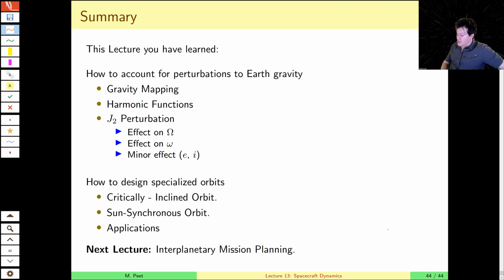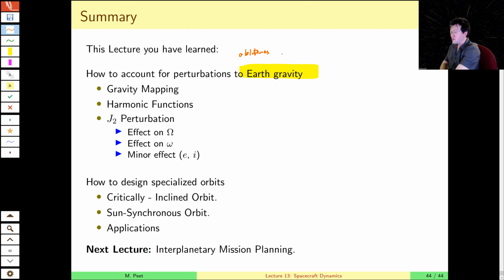Okay, so I think that's the last slide. Yes, in this lecture we've covered the J2 perturbation. Well, we've covered the Earth oblateness, right?